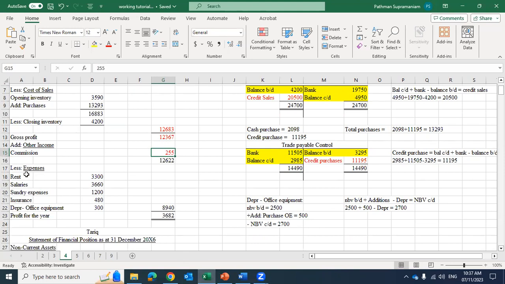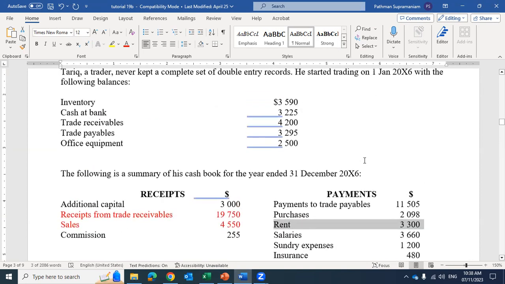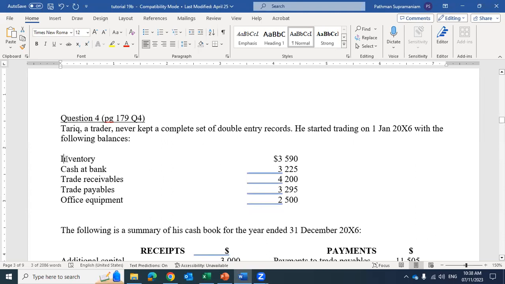Okay, next we go to expenses. For expenses, you can start by checking the credit side of the cash book, such as this one. Rent, so the same rule applies. You need to check whether there's any accrual or prepayment to be adjusted to this figure. So go back to the start of the year. There is no adjustment for rental.